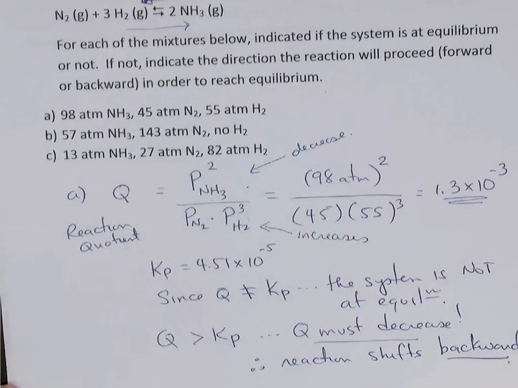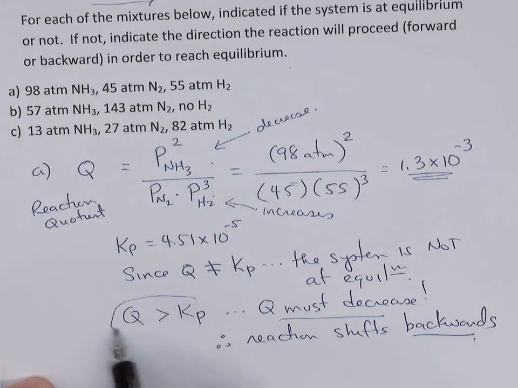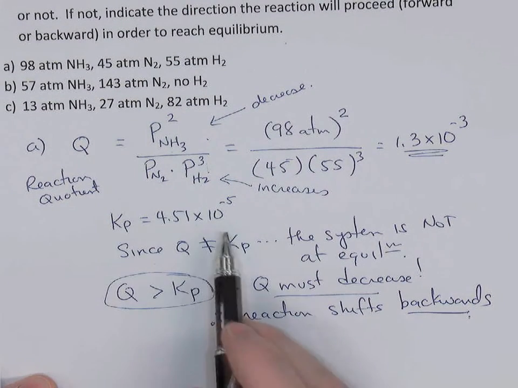Now, you don't have to go through that reasoning every single time. There's a fast way to reason this out, and it just involves a little bit of memorizing. Whenever Q is equal to K, like we see here, then the reaction is at equilibrium and there's no shift that's going to occur. If Q is greater than K, like we just saw here, then the same logic will apply.